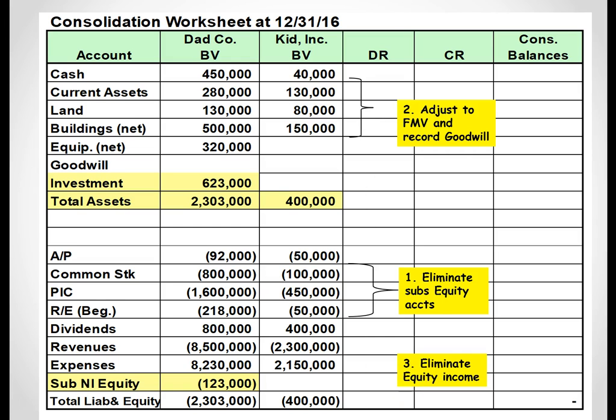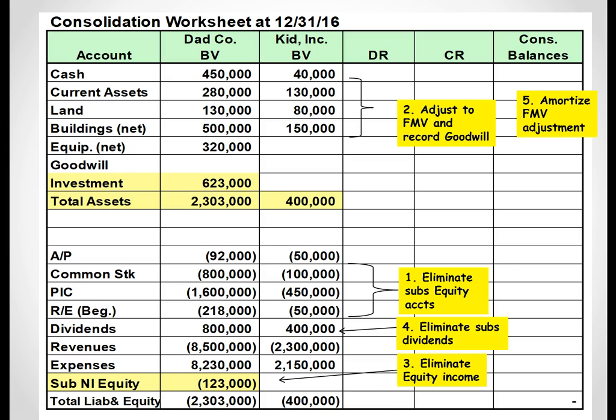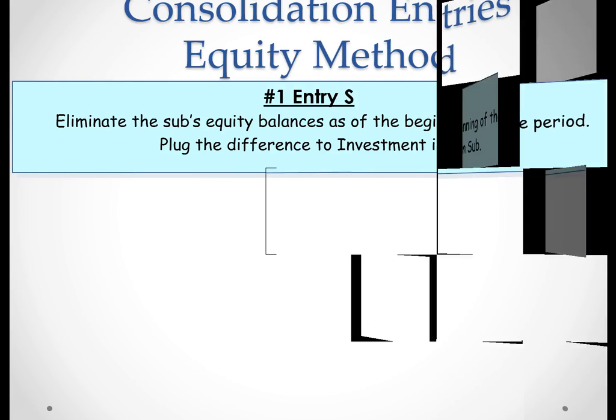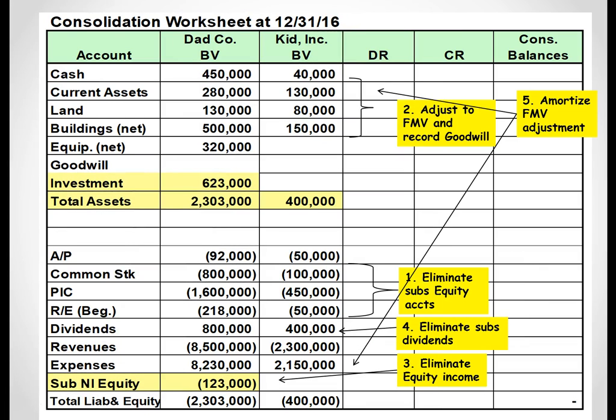Then we're going to eliminate the equity income, and then eliminate the sub's dividends. Then we're going to amortize the fair market value adjustment. And when we add all of those up, they should eliminate the investment of $623.